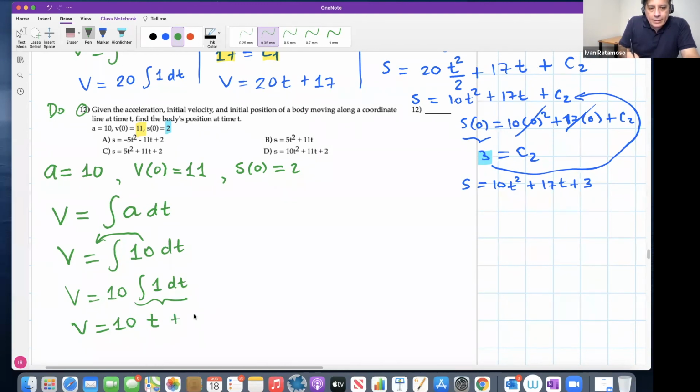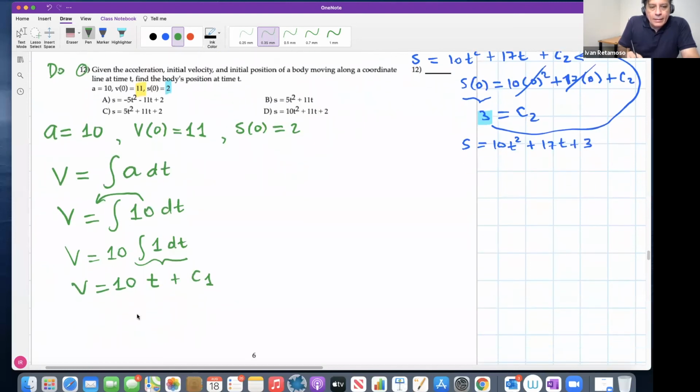But I have to consider a constant. I'm going to call that constant C1. All right. Now, take advantage of this information, right? They're saying that the velocity evaluated at 0, initial velocity as physicists call it, is 11. So the velocity evaluated at 0 on one hand using the function is this, right?